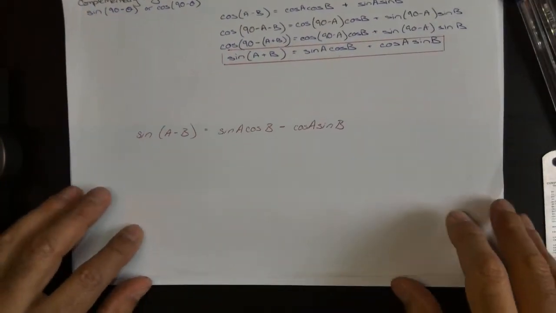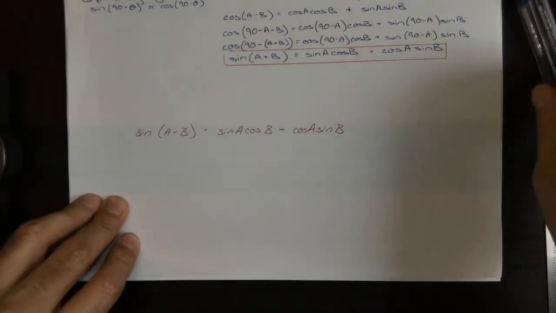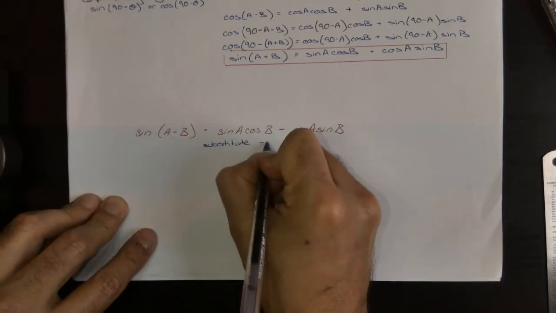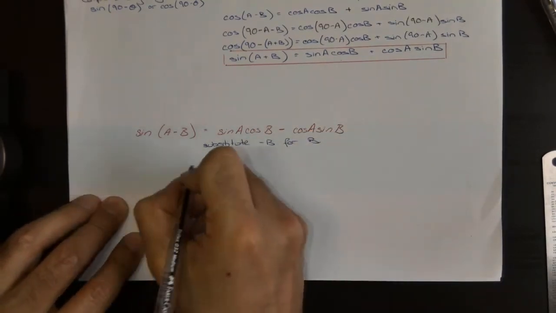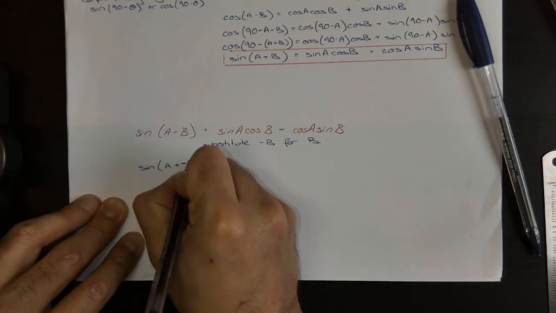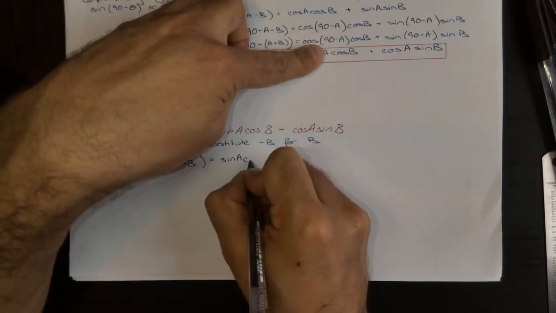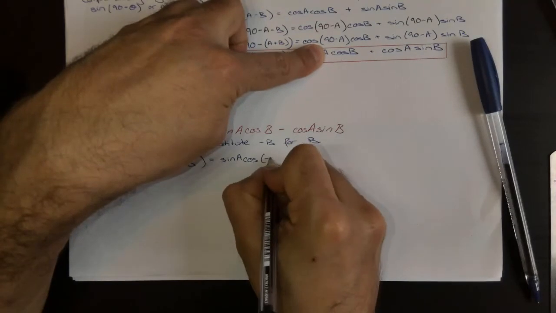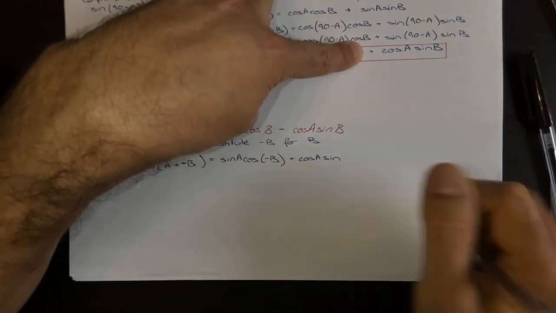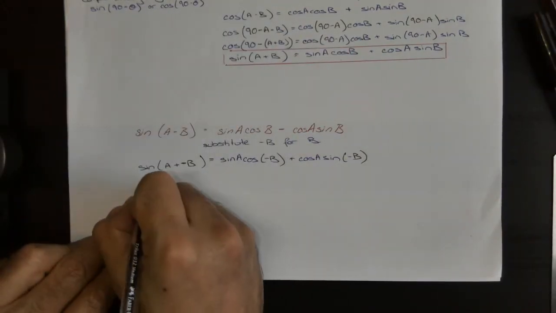Okay, same thing. So now we've got sine A minus B, and we're going to substitute once again negative B for B. So we get sine A cos of negative B plus cos A sine negative B. Okay, so positive and negative become a negative.